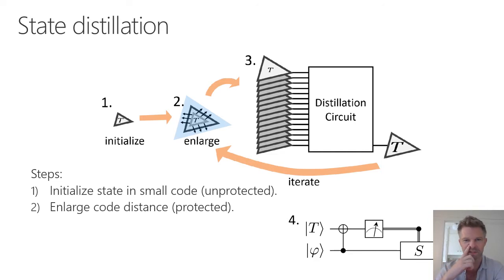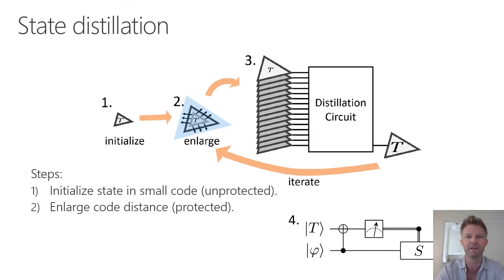This seems initially like a strange thing to do, because now we are using many qubits to build this large patch of color code with this encoded state in it, which in principle is capable of protecting a very high fidelity encoded state, but this state is very noisy because we prepared it in a non-fault tolerant way.